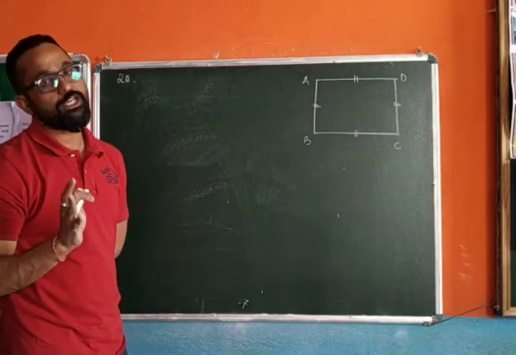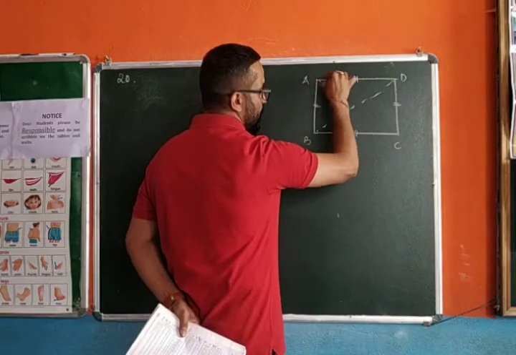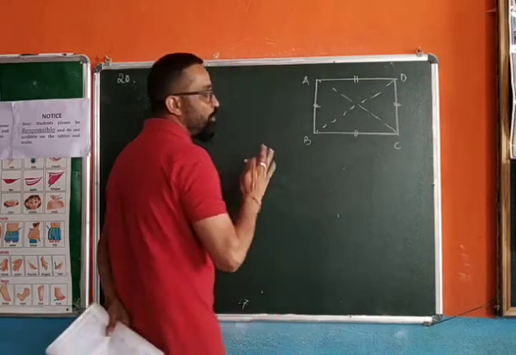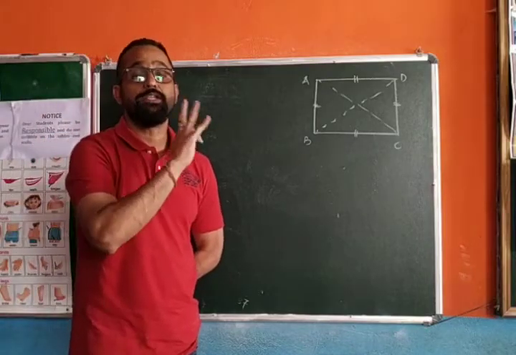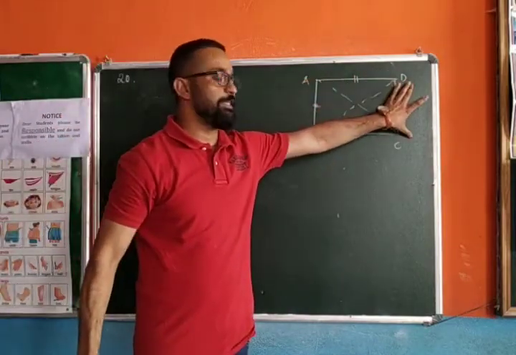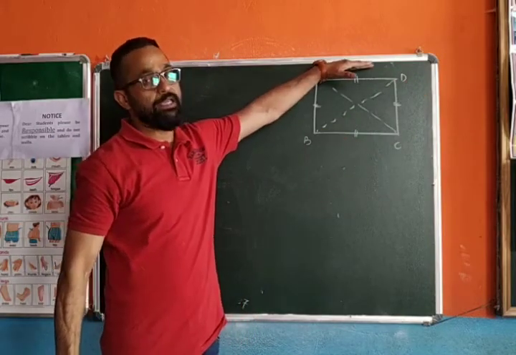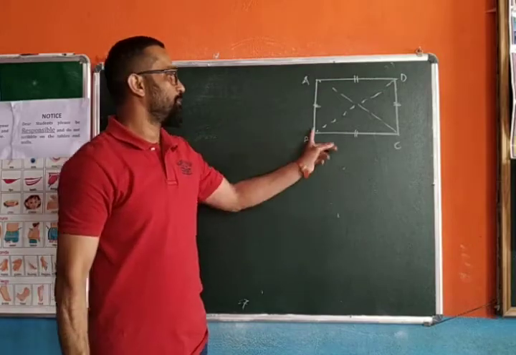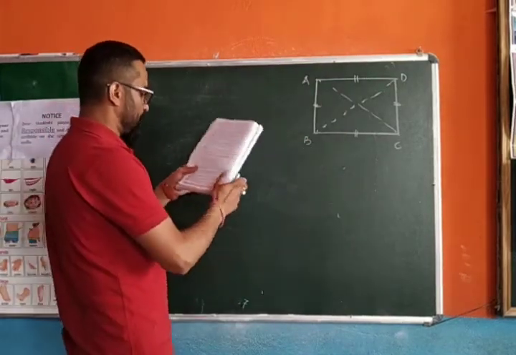Then the diagonals must be of equal length. So altogether six times you need to find the distance. First AB and CD will come equal, BC and AD will come equal, then the diagonals. So let's proceed with the calculation.